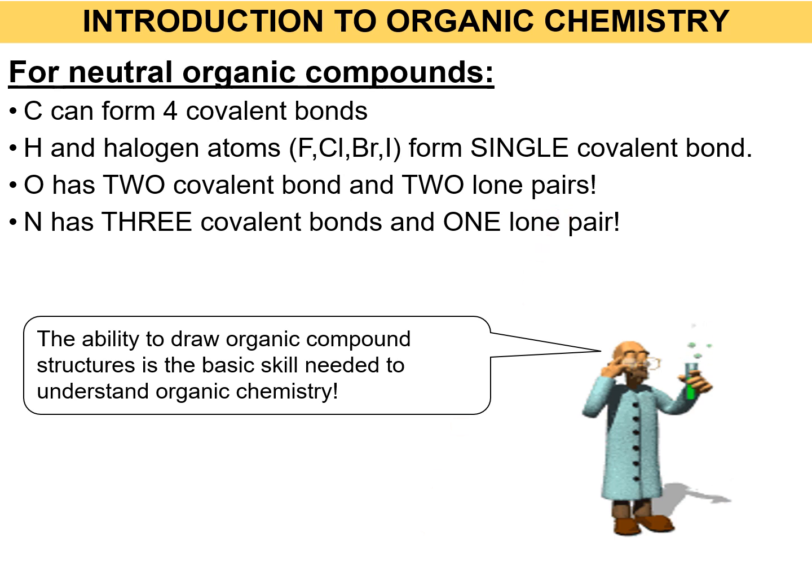For example, if there is oxygen like that, you must remember it has 2 lone pairs and can make 2 covalent bonds. Alright. Nitrogen has 3 covalent bonds and 1 lone pair. So this info is important, because later when you build organic compounds, you need to know all of these things.